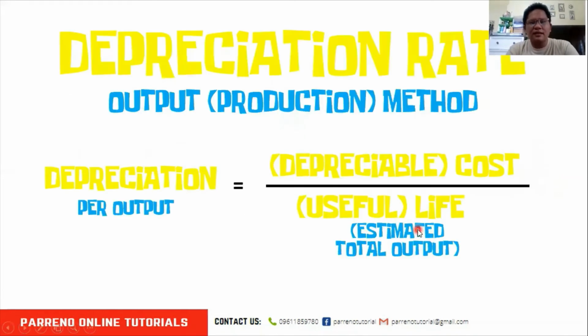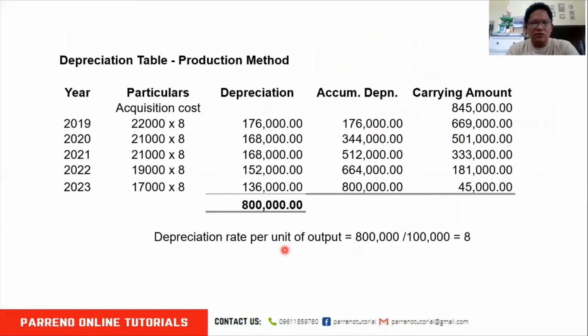And lastly, depreciation based on the output method. Again, depreciable cost divided by the estimated total output. So 800,000, the depreciable cost. Our expected units in our problem is 100,000. So we'll have 8 pesos depreciation rate per unit.